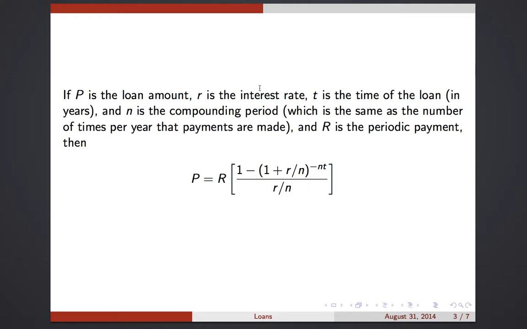There's compounding here, so there's no simple interest involved. If you're asked a question about the future value of an annuity, or a question about APY, or things like this, this formula won't help you.